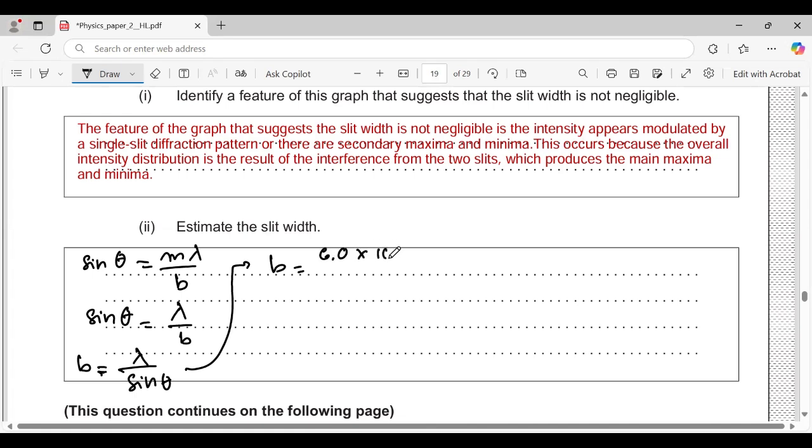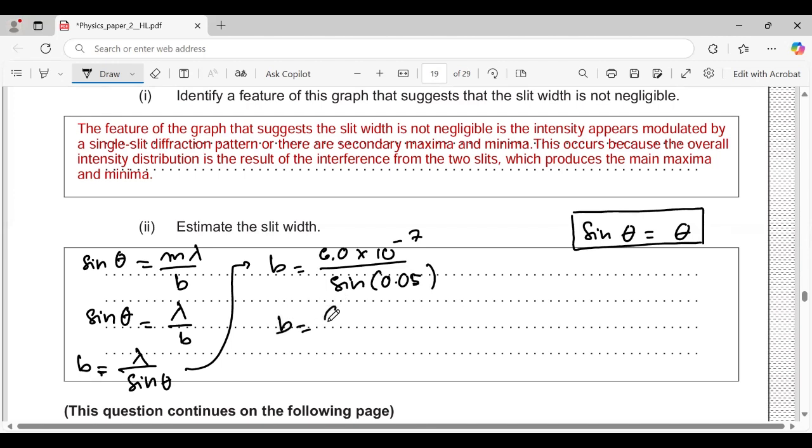So lambda is 6.0 times 10 to the power minus 7 over sine 0.05. Sine 0.05 equals 0.05, because for small angles, sine theta equals theta. This is for the small angle.